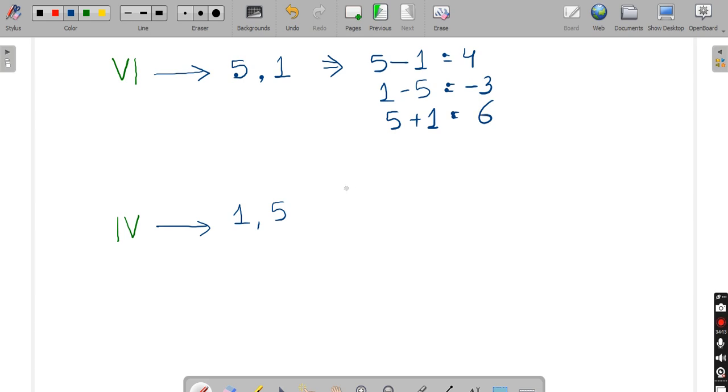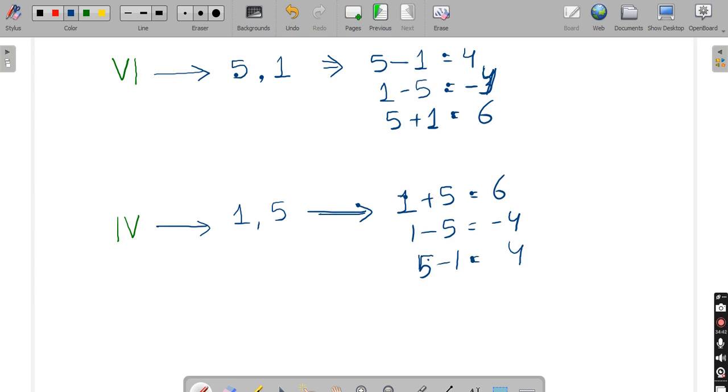In the same way, here I will write 1 plus 5 is equal to 6. Here I can represent 1 minus 5 is equal to minus 4. Sorry, here it will be minus 4. And here I can represent 5 minus 1 as 4.